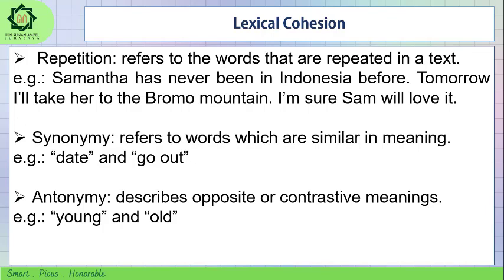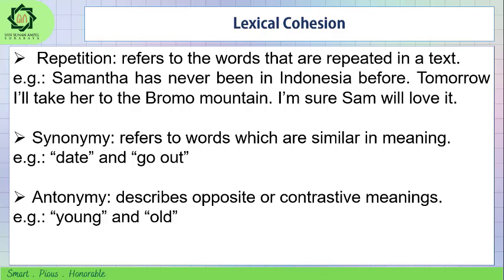I'm sure Sam will love it. We know that the word Sam in the third sentence is the same as Samantha. So repetition can be the same words being repeated, but it can also be different words, but they should refer to the same thing.